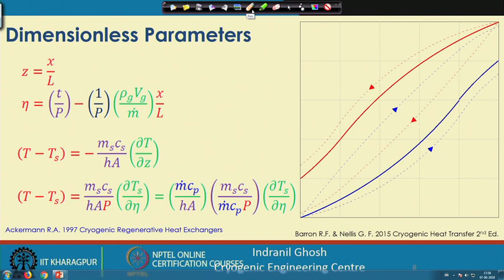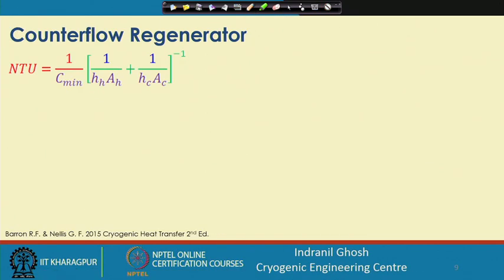So, let us look into the design part. For a counterflow regenerator, which is very common in cryogenic applications, we define the NTU, and it is given as 1 by C min. C min, again, we have already learned about this, is the mass flow rate multiplied by the appropriate specific heat.